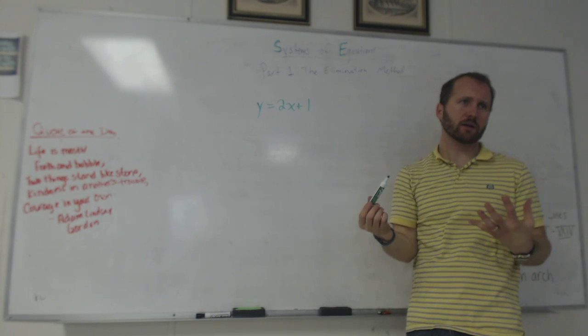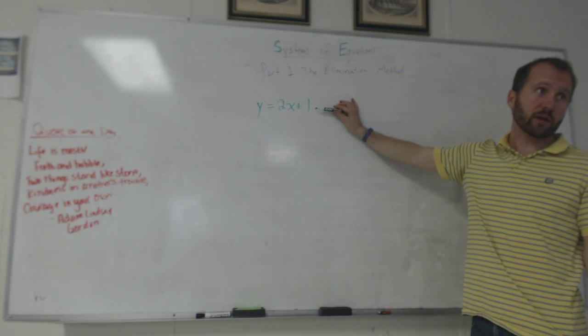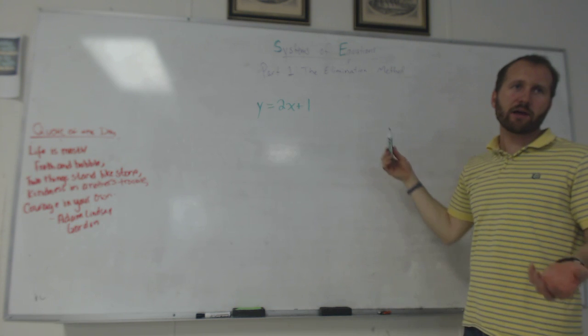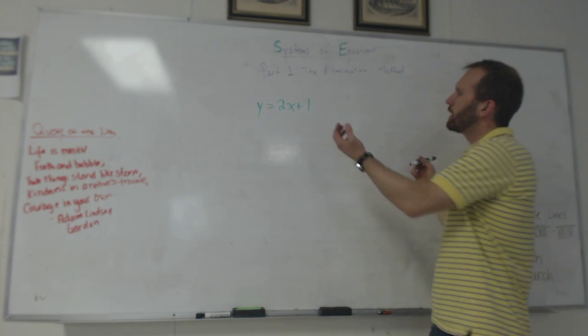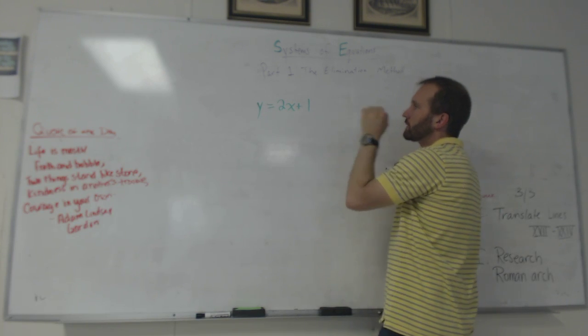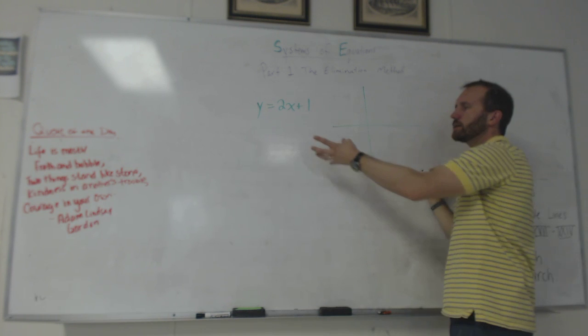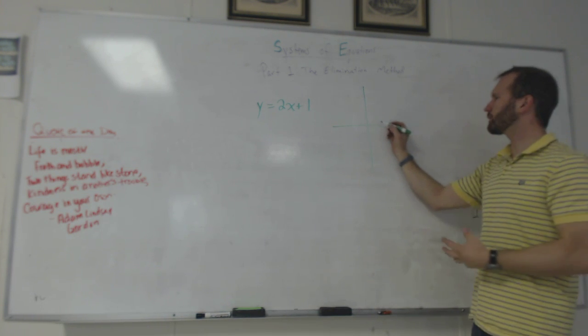Not really. You guys know how to graph this. We could graph it. And a graph is a series of solutions, but in order to solve this, I have to know what y is or what x is. So the solution to an equation with two variables like this is typically a graph.